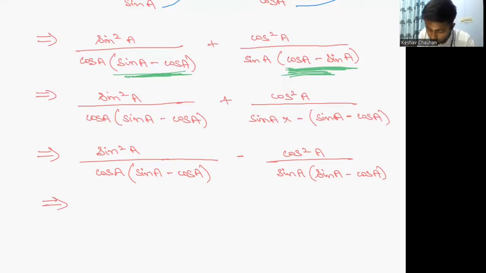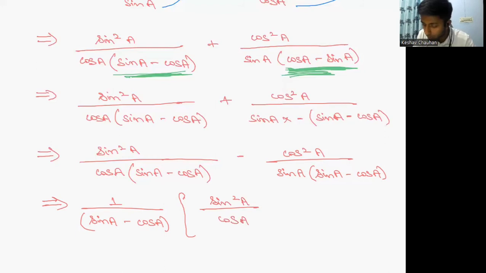In the next step, we'll bring out sin A minus cos A as common, and the left terms would be sin square A upon cos A minus cos square A upon sin A. Close the bracket.